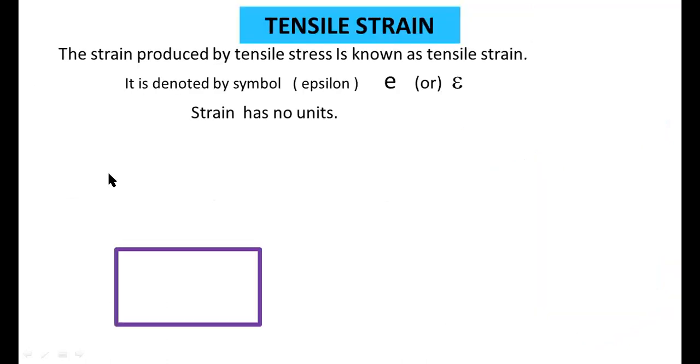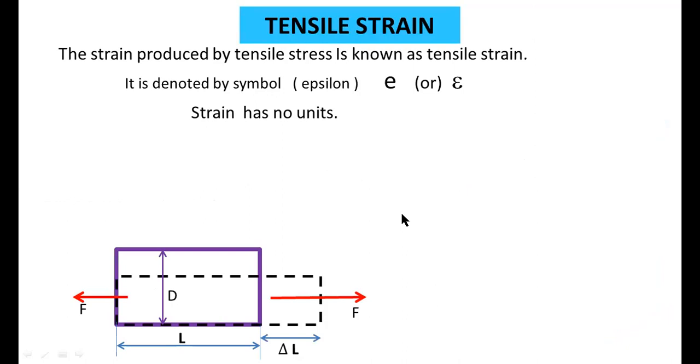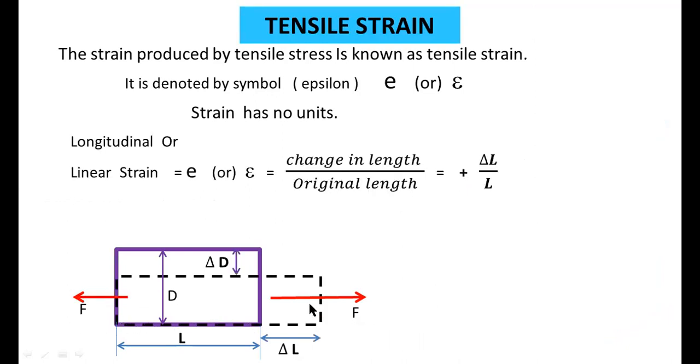Now tensile strain. The strain produced by the tensile stress is known as tensile strain. There are no units for strains. Here in tensile strain, we are applying two equal and opposite tensile loads. The formula is the same as the linear strain.